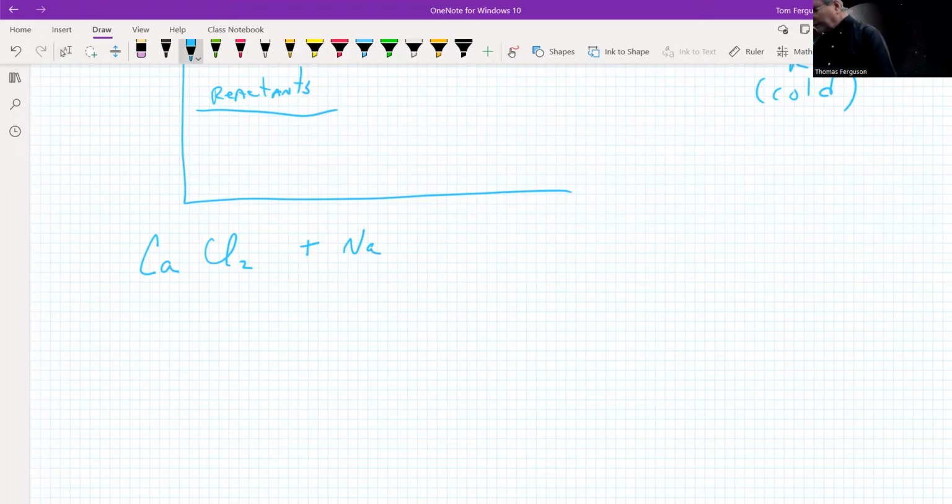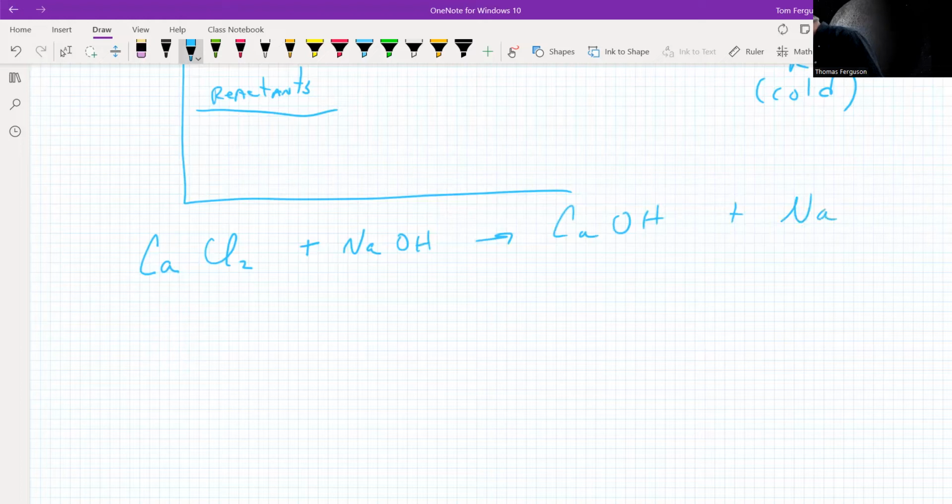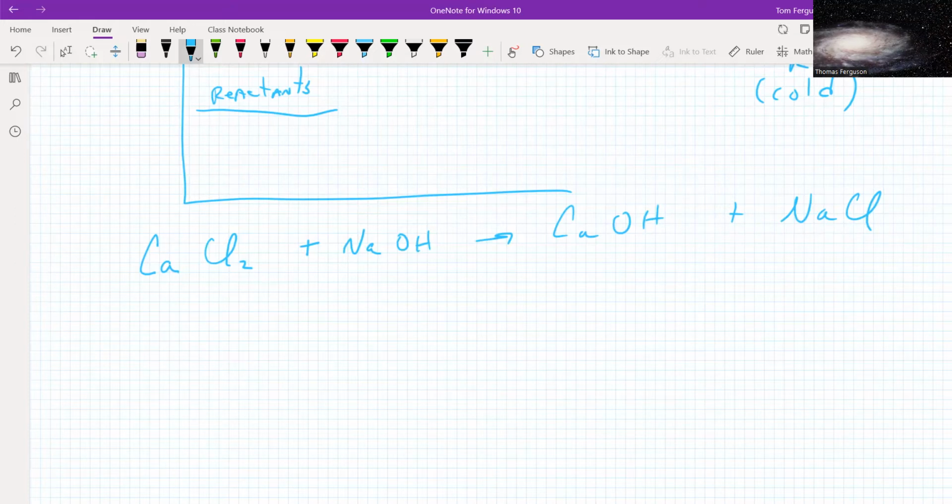Oh, let's see, sodium hydroxide. Okay, calcium chloride plus sodium hydroxide, or lye, gives us calcium hydroxide plus sodium chloride.